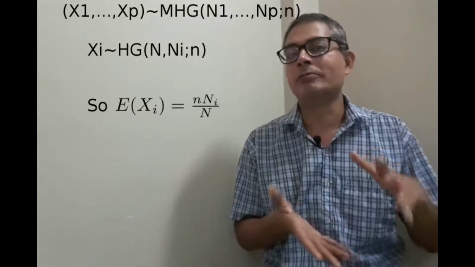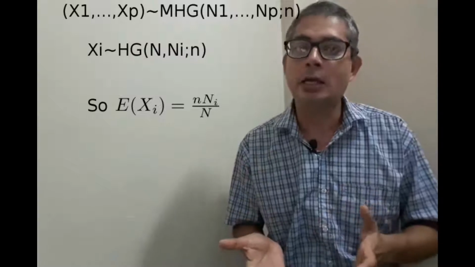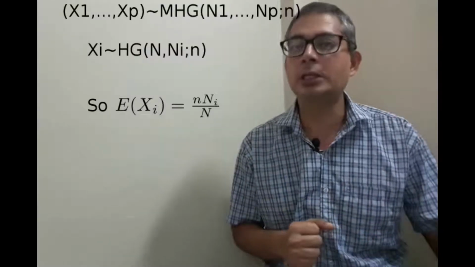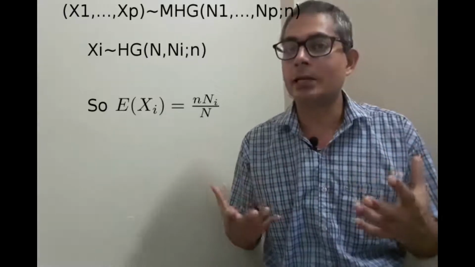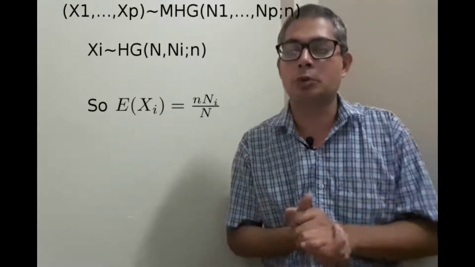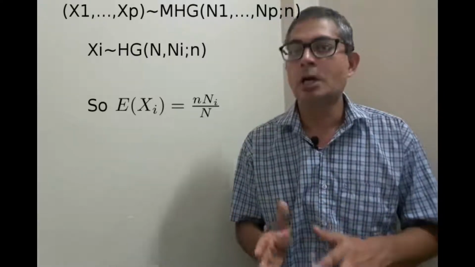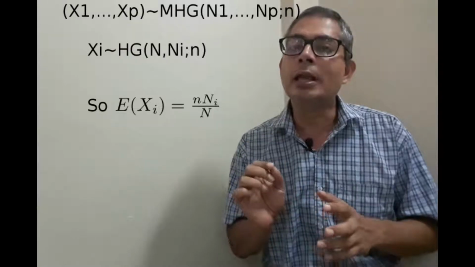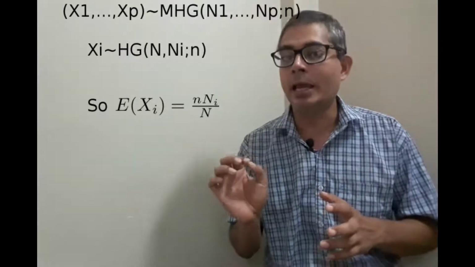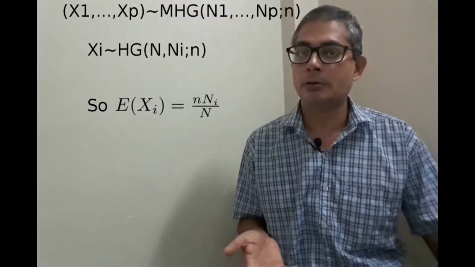Capital Ni out of capital N individuals in the population are in category i, so the population proportion is Ni by N. We have drawn a simple random sample, so the sample proportion is expected to be the same as the population proportion. So out of little n sampled individuals, little n times Ni by N may be expected to be from category i.